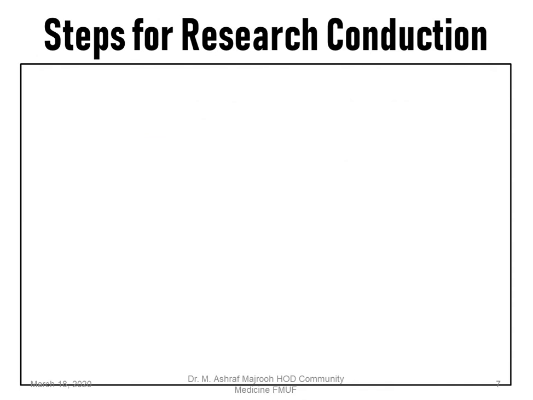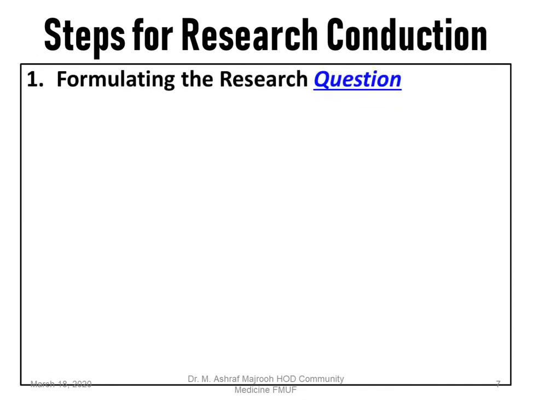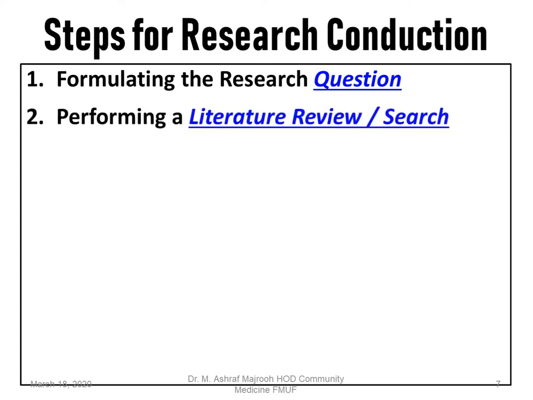Then steps for conduction of research. The research is conducted in a sequence. The first is the formulation of the research question, and then performing the literature review. Which of literature review and formulation of the research question comes first can't be determined.